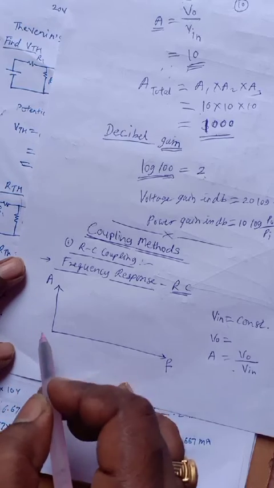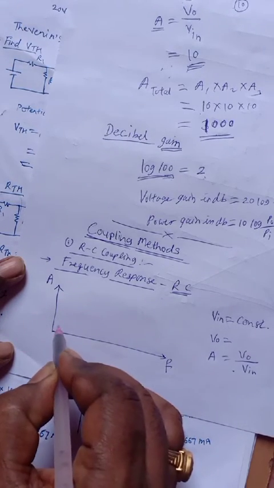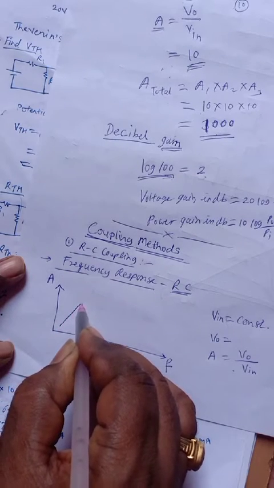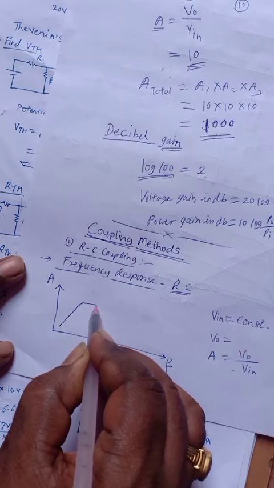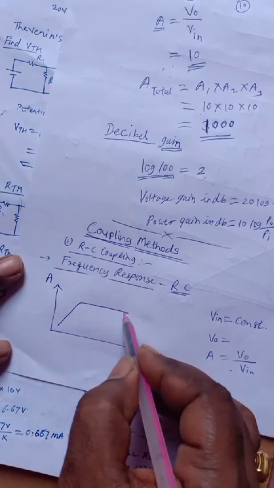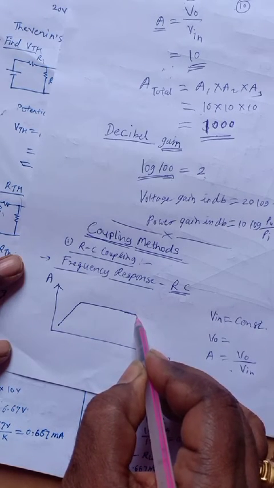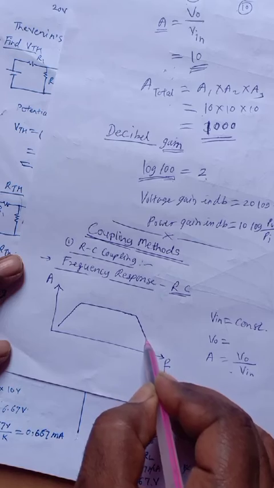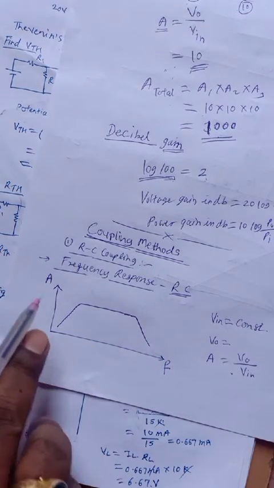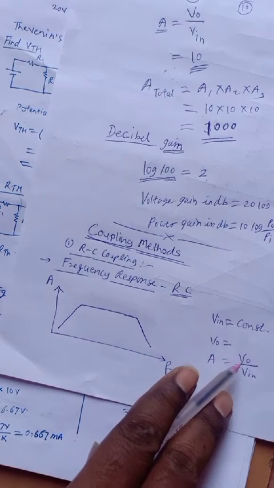In that case, we observe that initially, if we increase the frequency, the gain is low and it goes on increasing, and after some time it becomes constant. Then if we increase the frequency again, after a particular frequency the gain drops again. The gain is output voltage divided by input voltage.